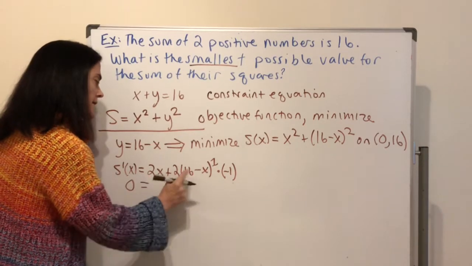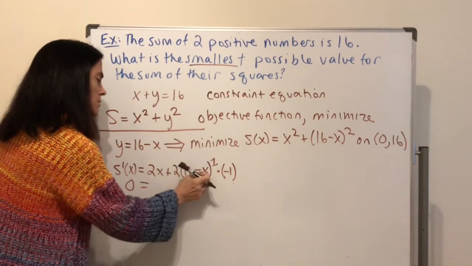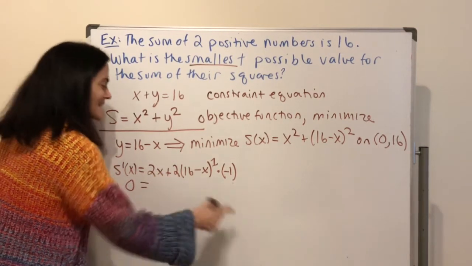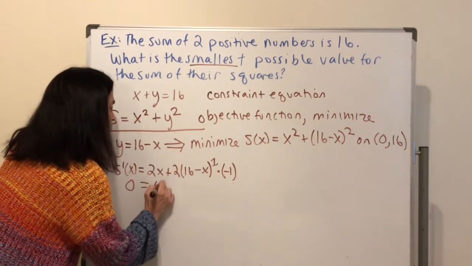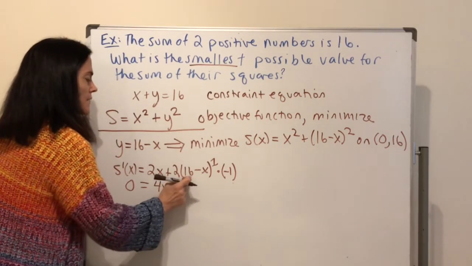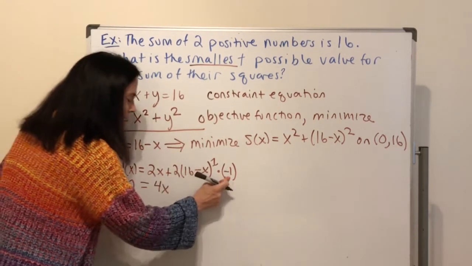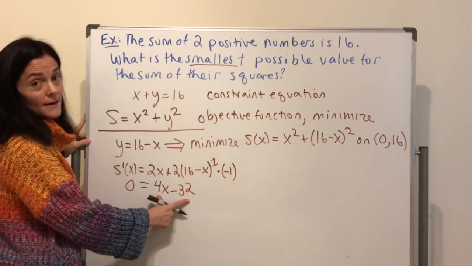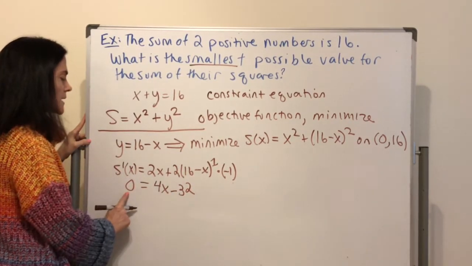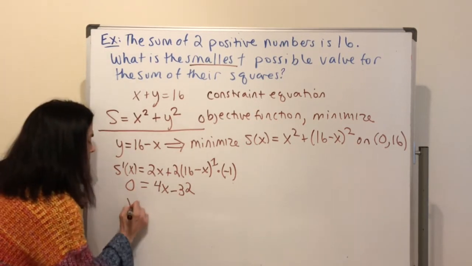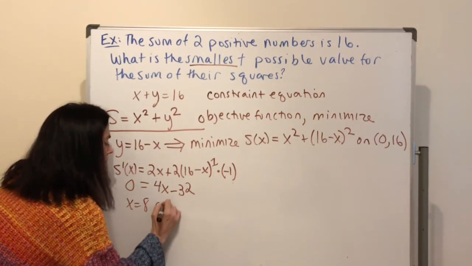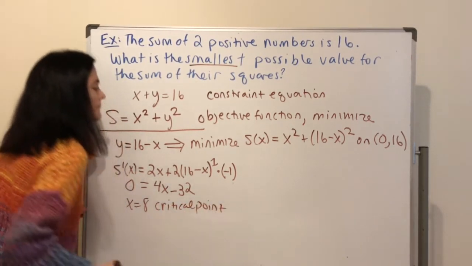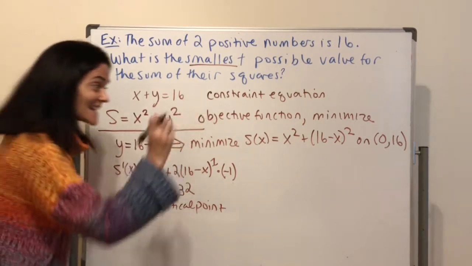I have a 2x, and then I have a positive x times 2. I have 2x and another 2x. Altogether, I have 4x. And then, if I multiply 16 by 2 and by minus 1, I get minus 32. So this part here is the derivative, and I have set it equal to 0. We get x equals 8. This is the only critical point. And it's in my open interval.